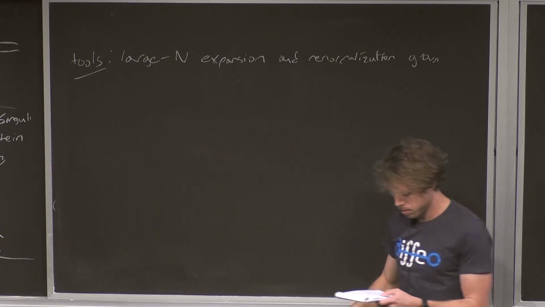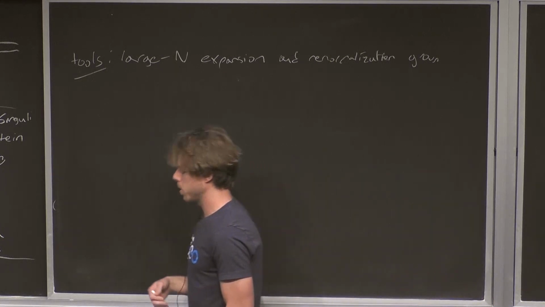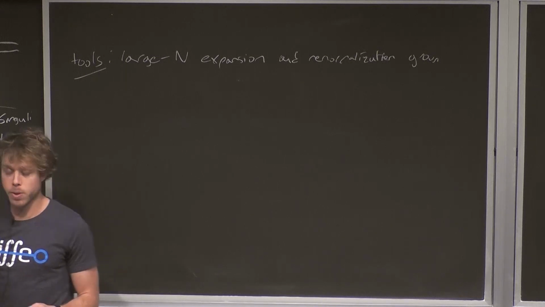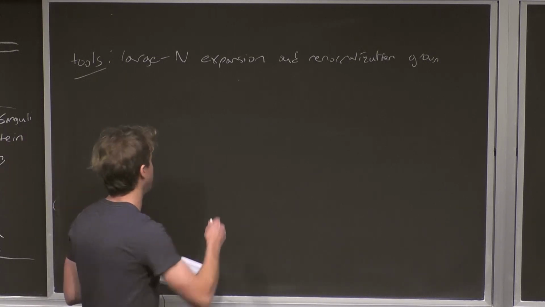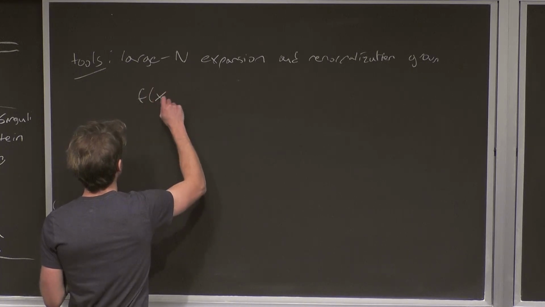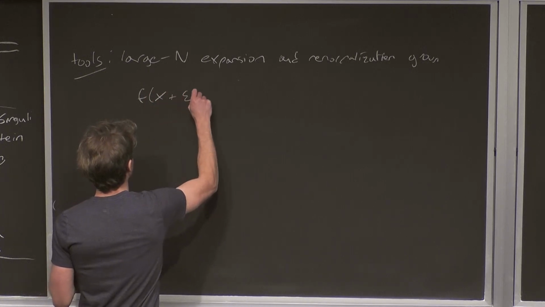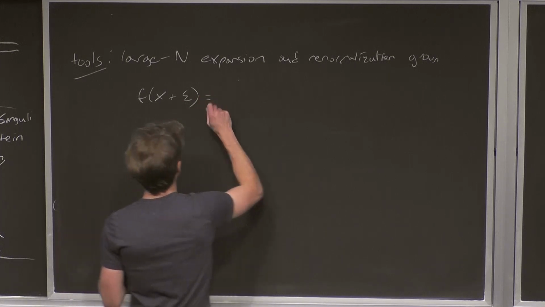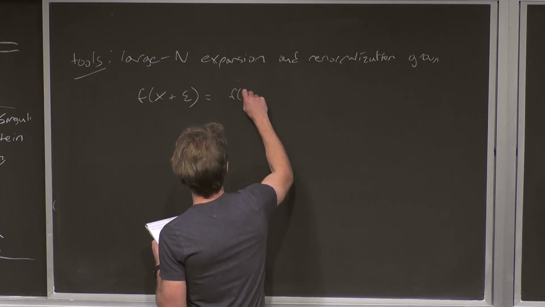So really, all these ideas come from where we have some parameter that gets very large and things simplify. What I mean by that explicitly is, if we have some function that we care about, say f of x, we can use perturbation theory to study f of x plus epsilon for epsilon small by Taylor expanding.